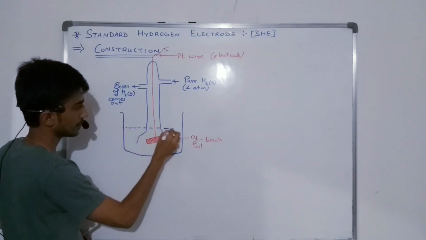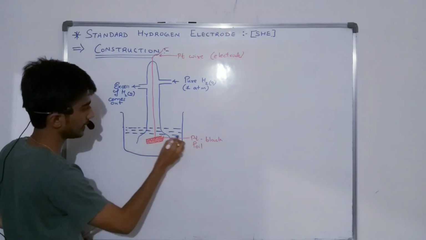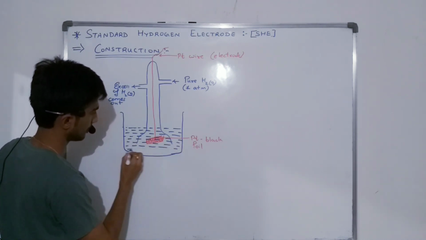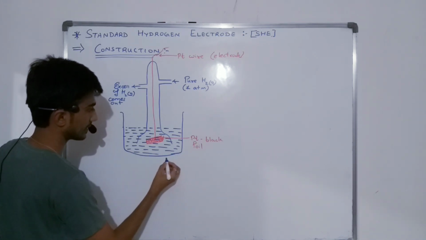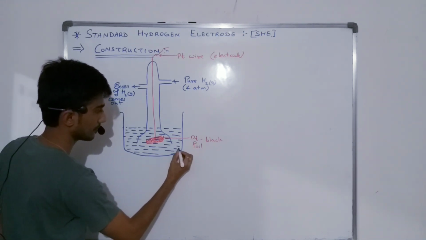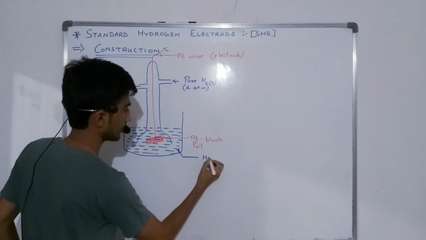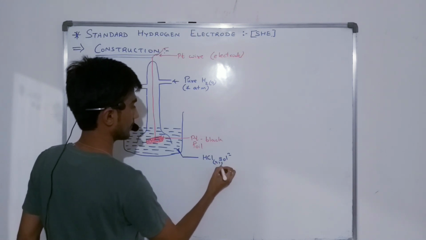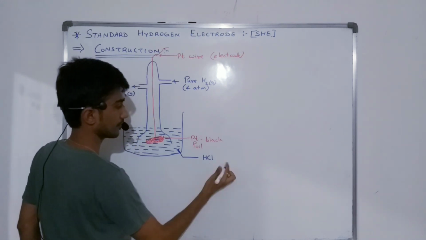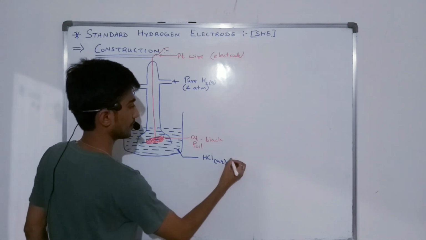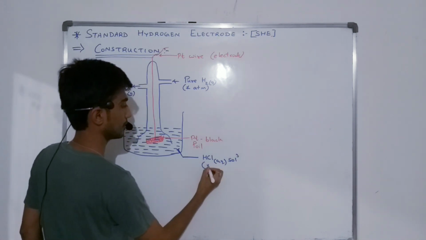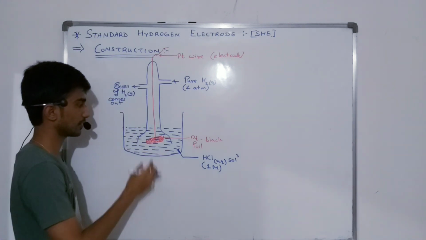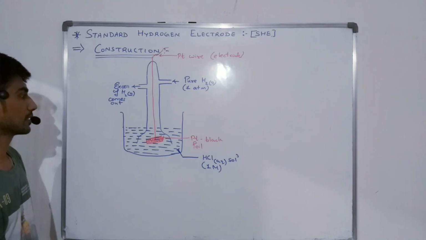And in this beaker, we are going to take HCl solution. Whose molarity is, let us say, 1 molar. Let us assume its molarity is 1 molar, concentration is 1 molar, right?